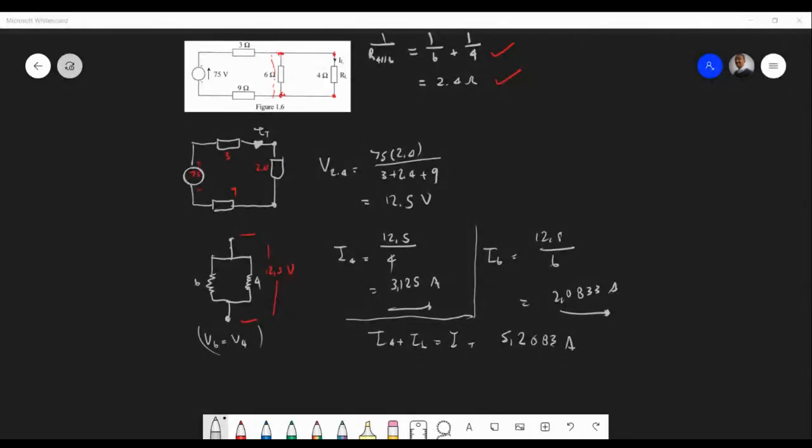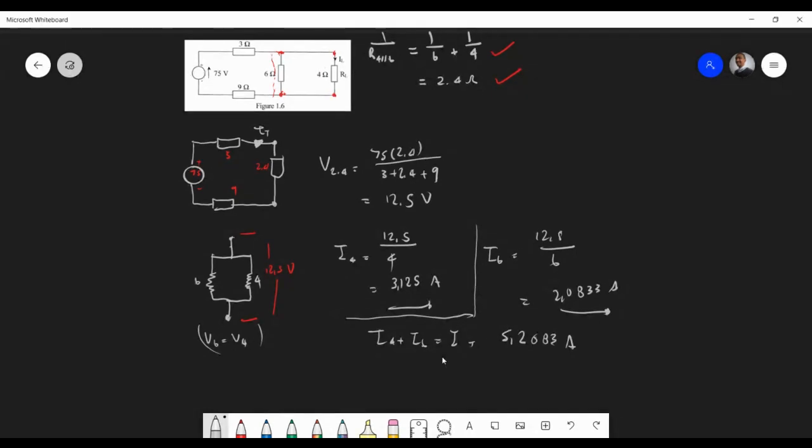To confirm that, I'm just going to check the total current, going back over here using the circuit. It's going to be simple: the voltage divided by 2.4 plus 3 plus 9. And of course, I'm expecting a current of 5.2083. I'm just showing you different ways of looking at this.